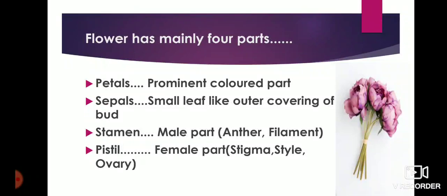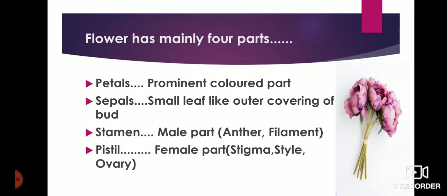And dear children, we see different types of flowers, right? And they may be different in their color, size, shape and smell. And the number of sepals, petals, stamens and pistils may also be different in different flowers.